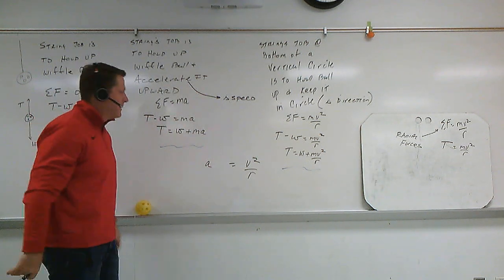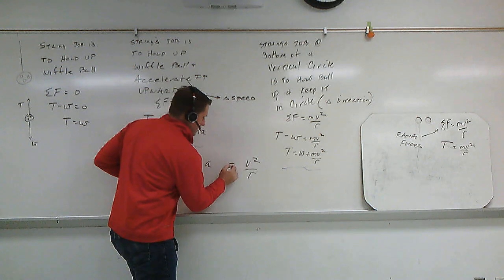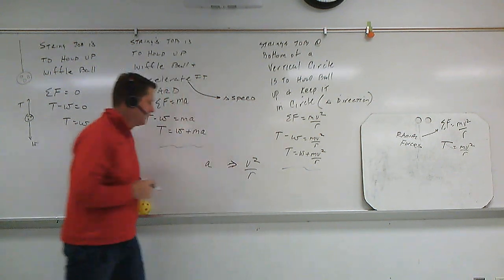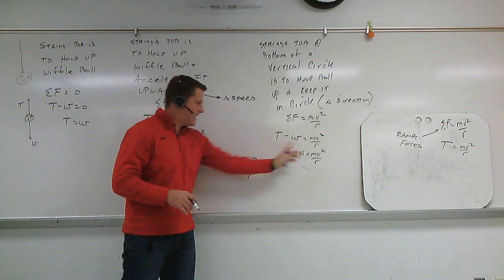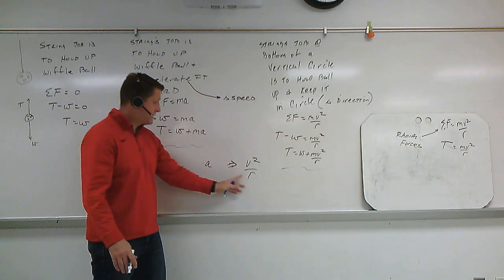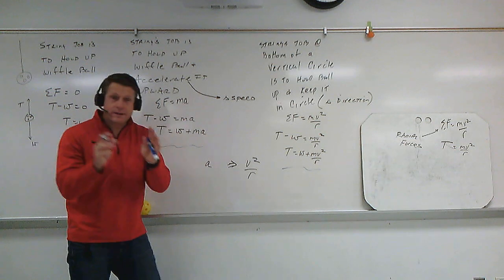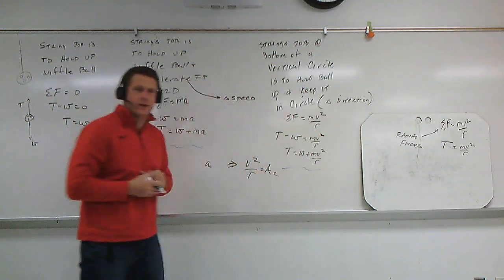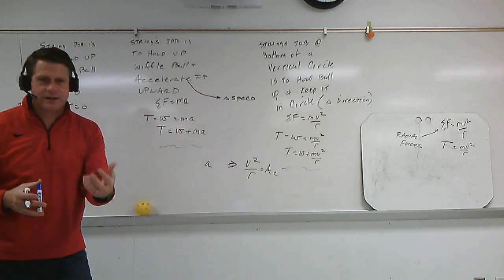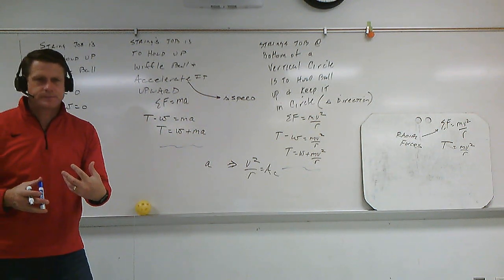And what I'm saying by that is, let me put a little arrow, because I don't want you to think that this acceleration is equal to that. However, this is an acceleration. What type of acceleration? Again, very specifically, we've talked about this. This is the centripetal acceleration of the object.